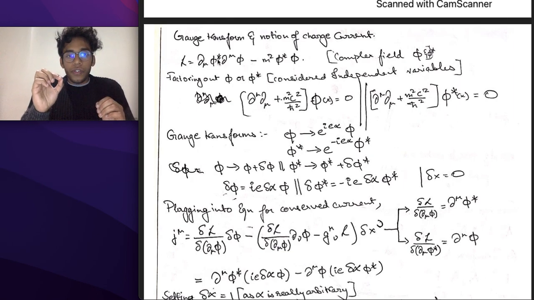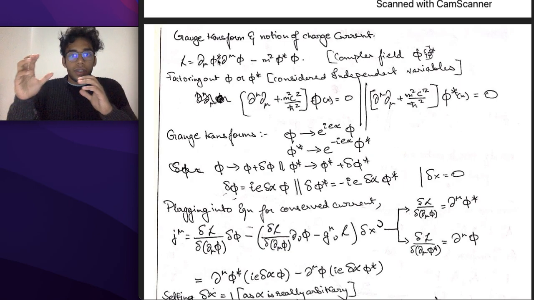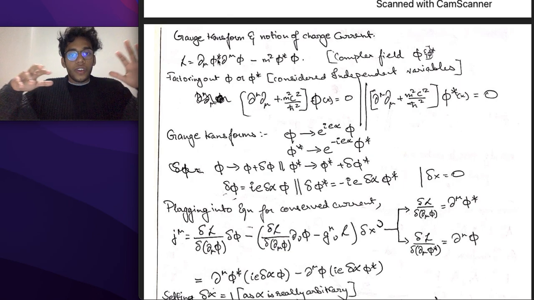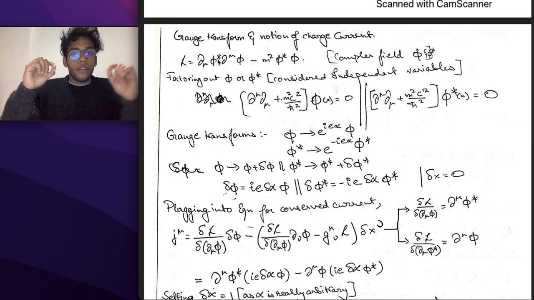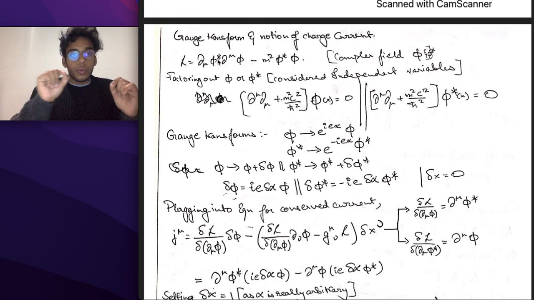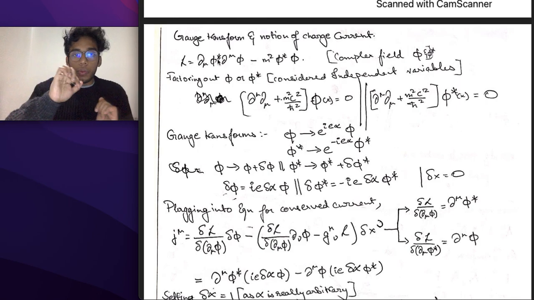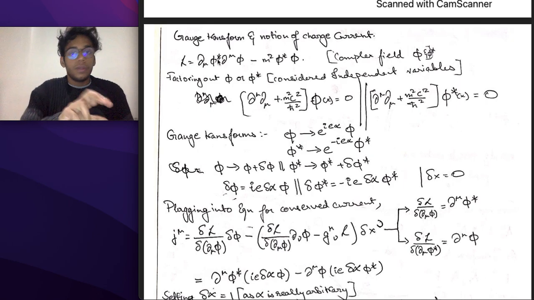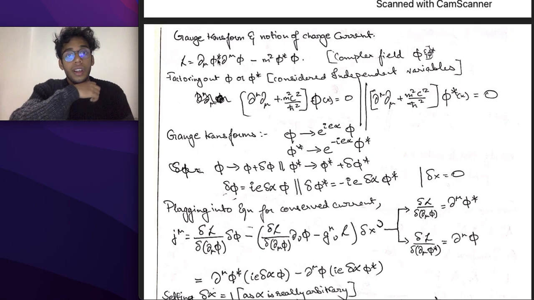And this potential difference, if you picture the whole field classically like a point force picture, you can see that potential difference also corresponds to a force in one direction, an unbalanced force in one direction. And this is essentially what gauge invariance is.